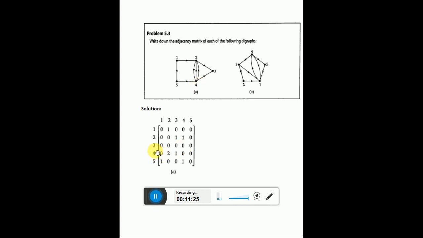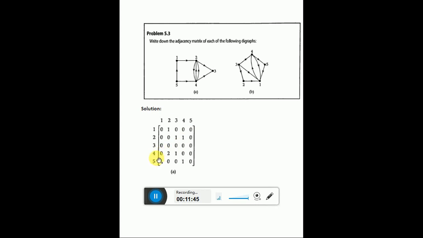In a similar way, 3 has no ones here because all the arcs are going to 2 or 3. There is no arc available here going from 3.